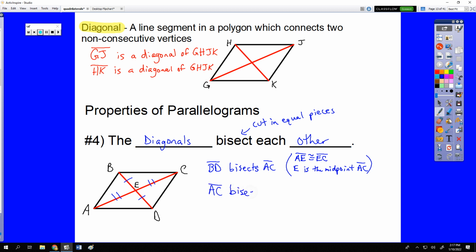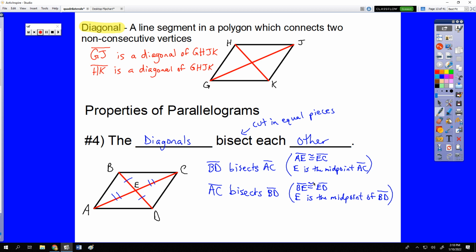AC also bisects BD, which means that BE is congruent to ED, and E is the midpoint of BD. Okay, so all those things are true because it is a quadrilateral. And I'm going to clean up this congruent marking just a little bit because I don't feel like it's very clear.